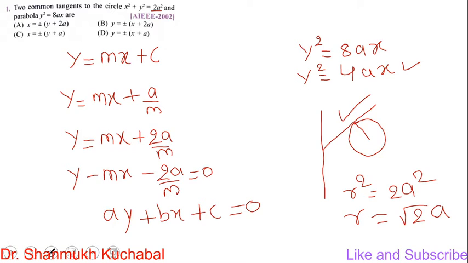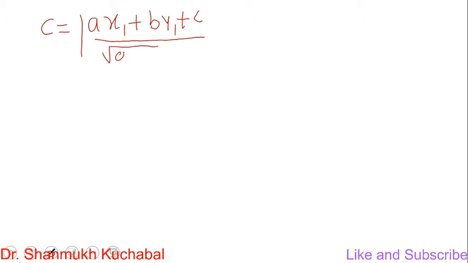For the perpendicular distance from a point, the formula is the modulus of a x1 plus b y1 plus c, whole divided by root of a square plus b square. Here the center is the point, and the distance equals the radius root 2a, under the modulus as in the previous step.